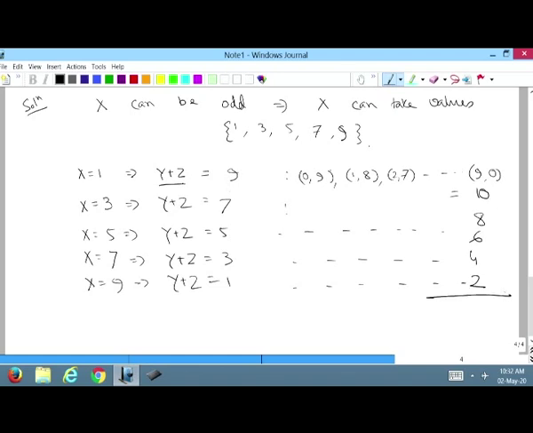Therefore, total is 10 plus 8, 18 plus 6, 24 plus 4, 28 plus 2 is equal to 30. Therefore, probability x is odd is equal to 30 upon 66 is equal to 5 upon 11. So, that is the answer.